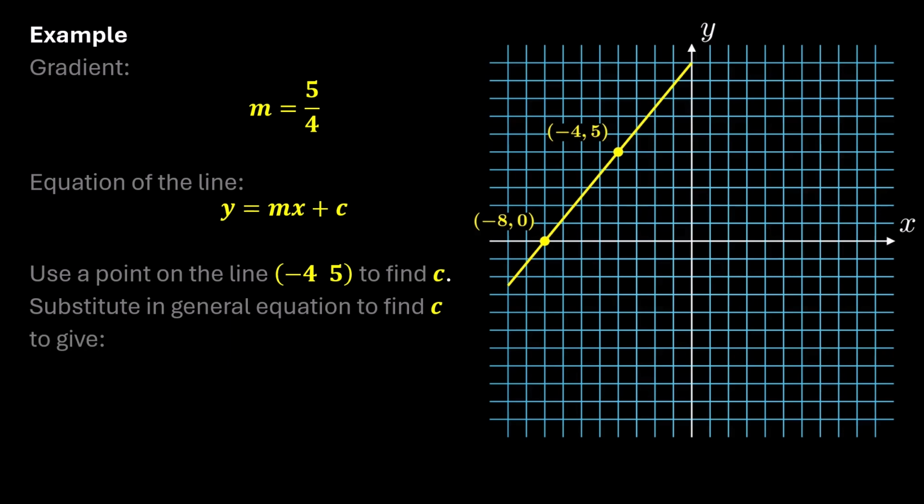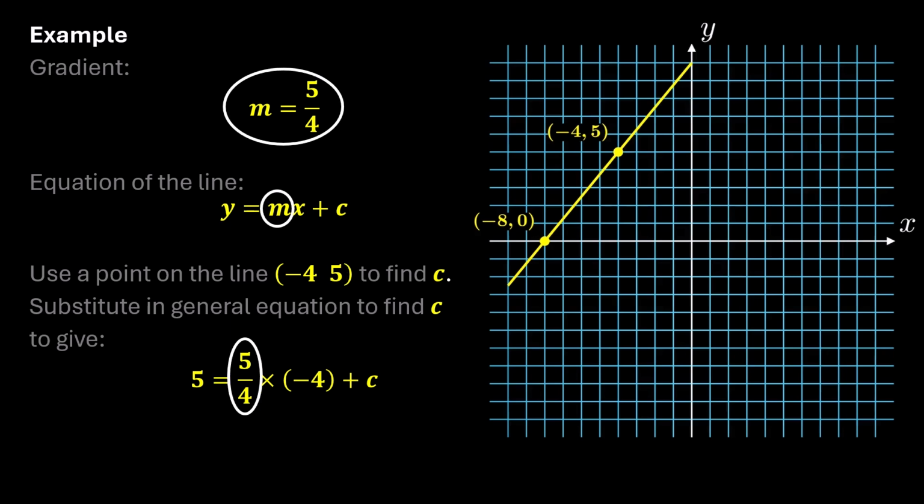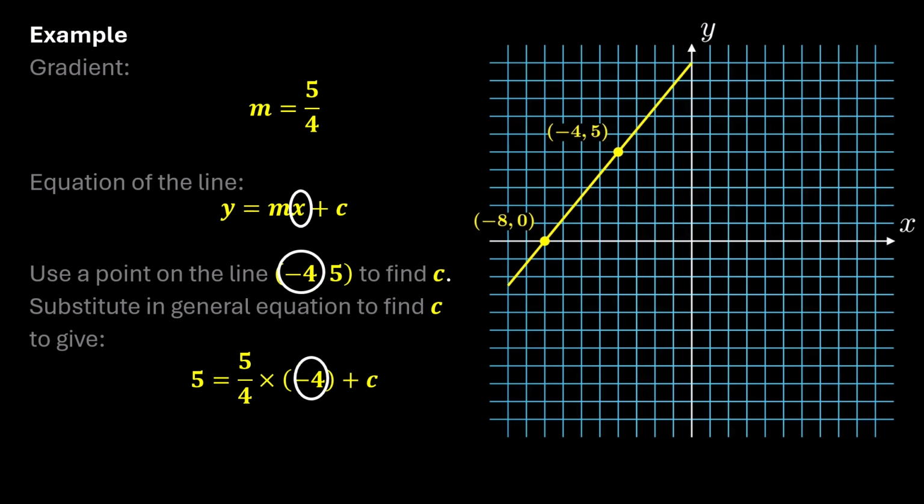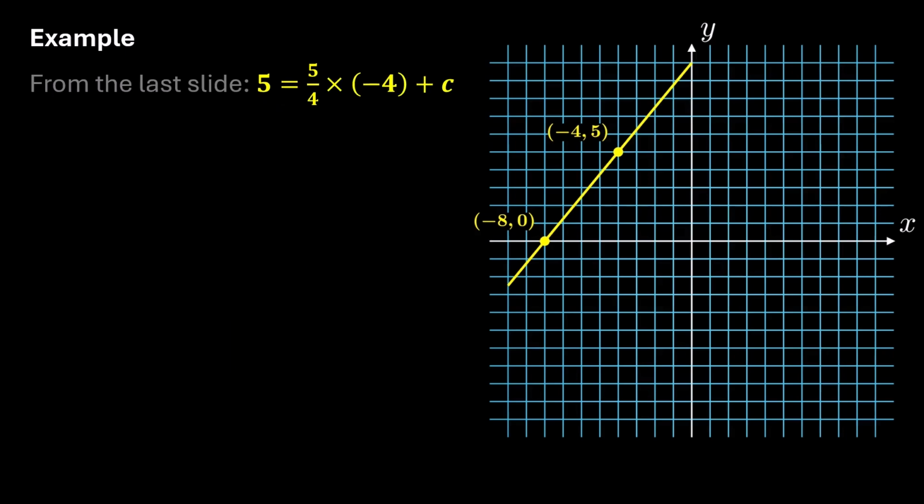So we have y equals 5, m equals 5 over 4, times x equals minus 4, plus c. So from the last slide, we have 5 equals 5 over 4 times minus 4 plus c. Let's tidy this up.